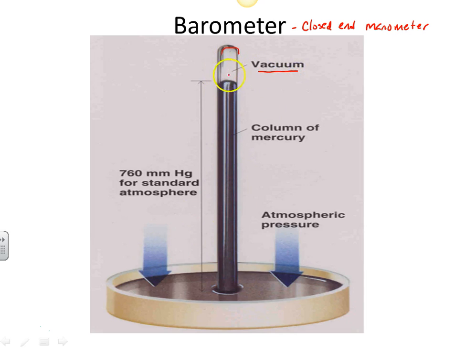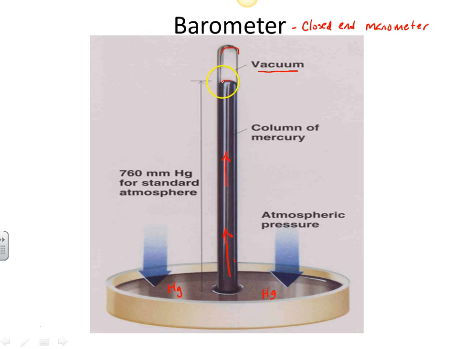If you can imagine, the sealed tube is immersed into a pool of mercury. This is mercury down here. And the mercury will rise up the closed-end tube against the vacuum until it reaches a certain point.